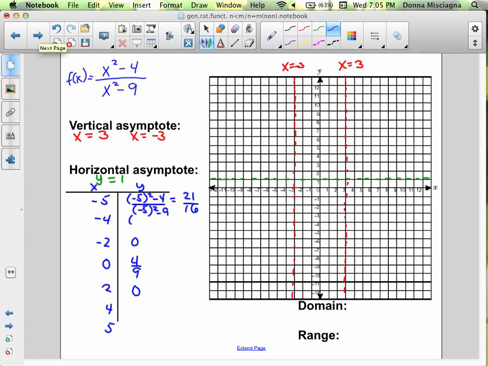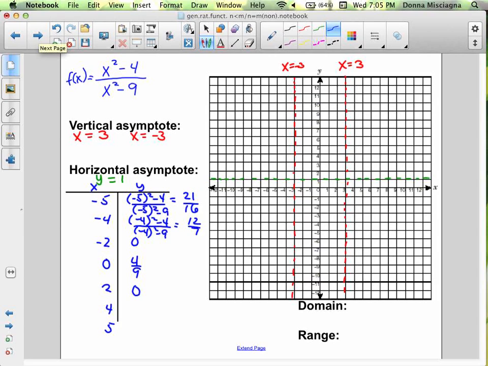If we plug in negative 4, we get negative 4 squared minus 4 divided by negative 4 squared minus 9. So negative 4 squared is 16. 16 minus 4 is 12. And 16 minus 9 is 7. Okay? So if that were 14/7, it would be 2. Right? So it's a little less than 2.